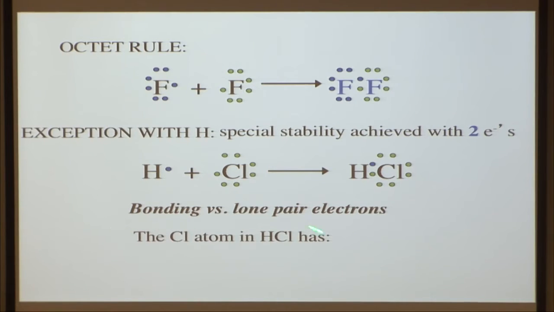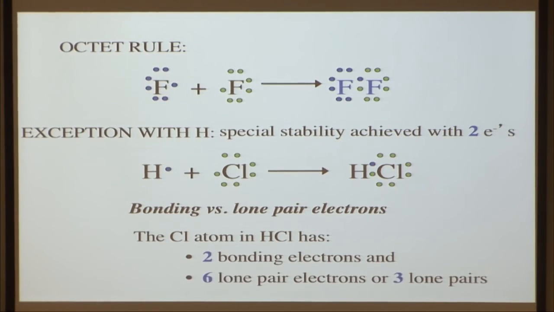So chlorine in HCl is going to have 2 bonding electrons, one was its own, and one came from hydrogen. It's also going to have 6 lone pair electrons, or 3 lone pairs. When we say a lone pair, that indicates 2 electrons. So it has 1, 2, 3, 4, 5, 6, or 1 pair, 2 pairs, 3 pairs.